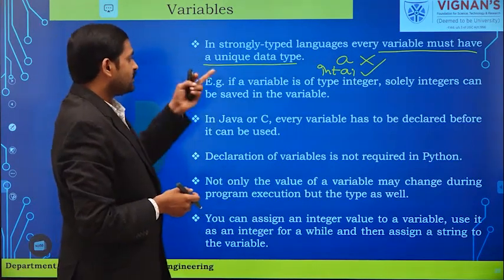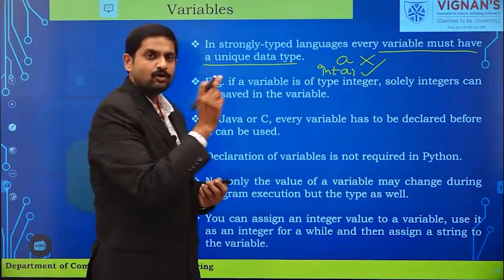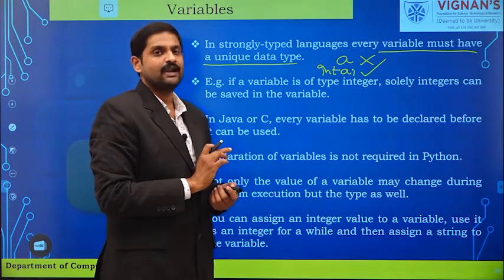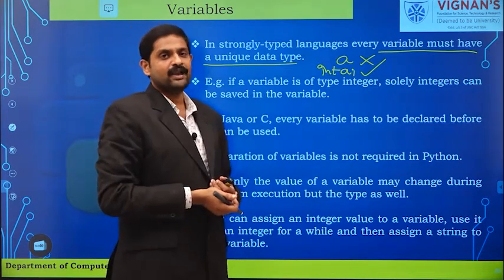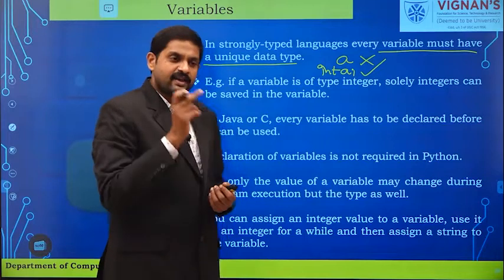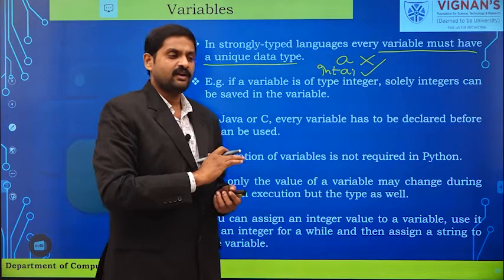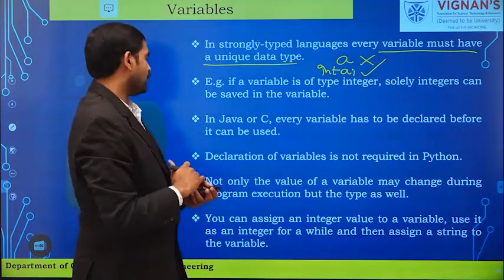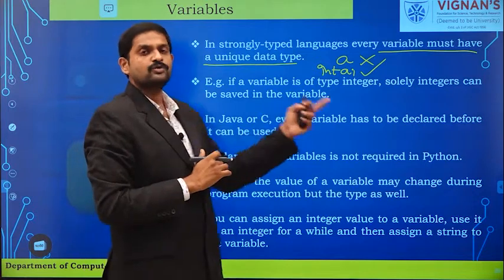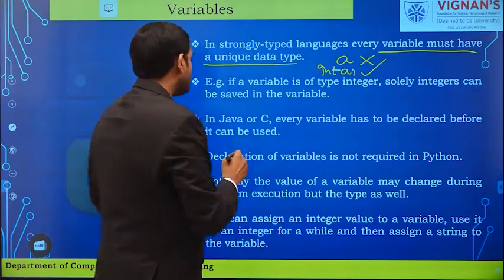For example, if the variable is of the type integer, it allows only integer values. It doesn't allow anything other than an integer value. And variables should be declared in the declaration section before you write the program. Before using those variables, you should declare them in the very beginning part.